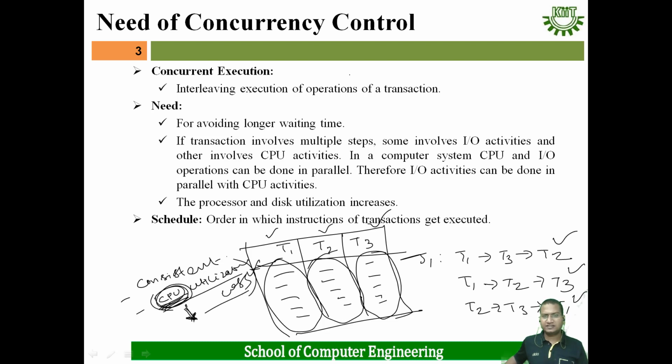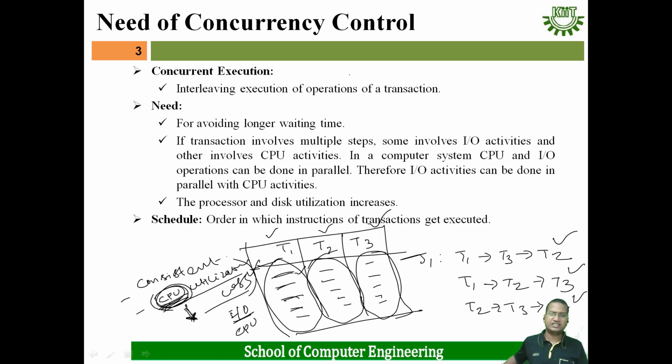Okay, to increase the CPU performance or CPU utilization, what do we have to do? We need the concurrent execution of the transactions. Suppose each transaction consists of several instructions, and some of the instructions are IO bound and some are CPU bound.